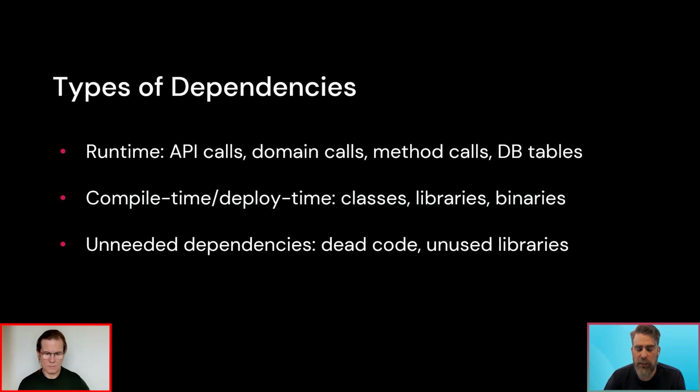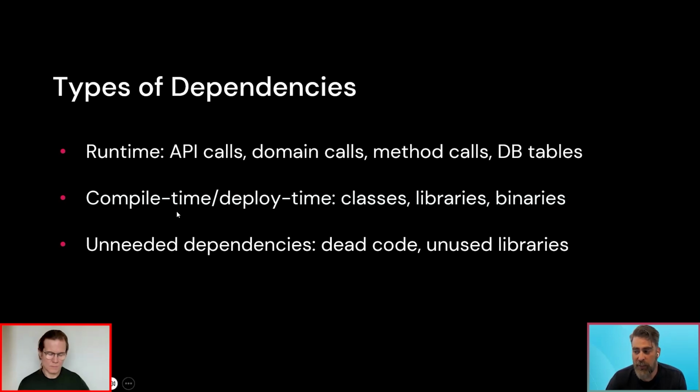But still, these domain calls are runtime dependencies. Method calls are runtime dependencies, and also database tables or resources that you use within your microservices can be runtime dependencies. If two different microservices call the same database table, albeit not the best practice, but definitely out there, then you have a dependency.